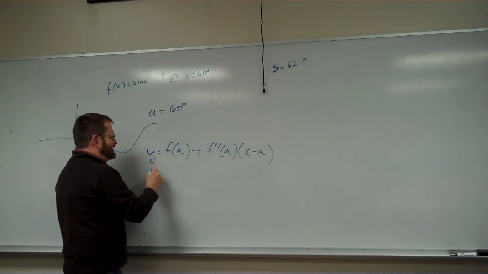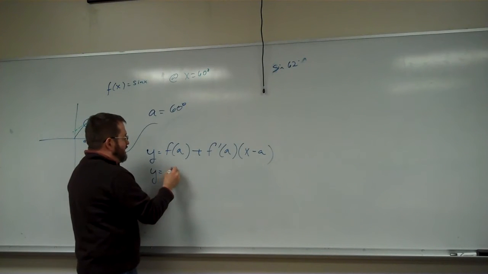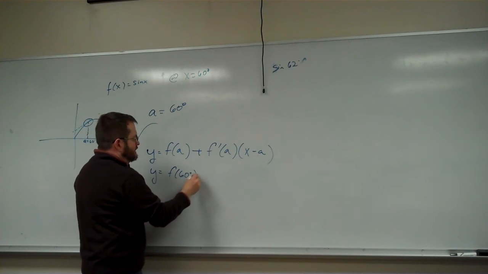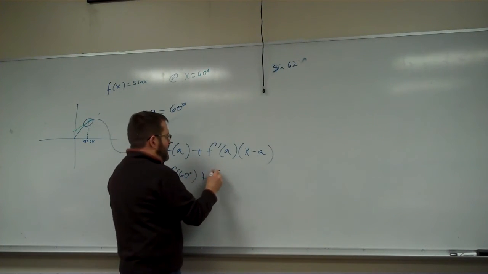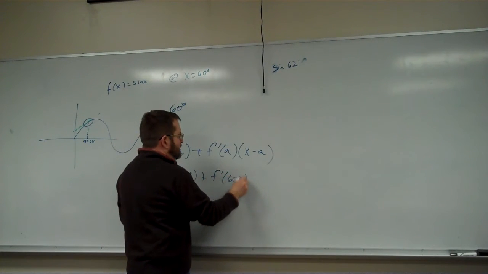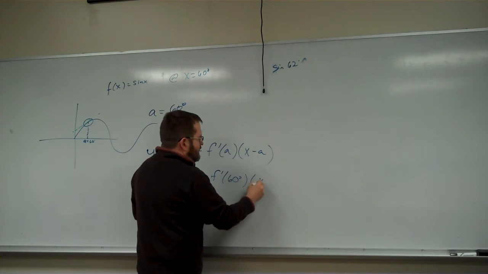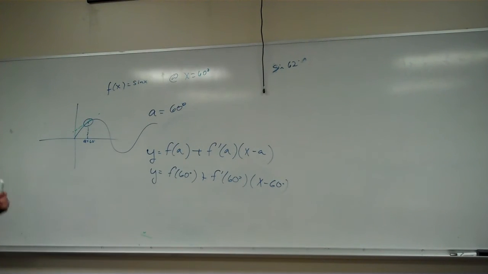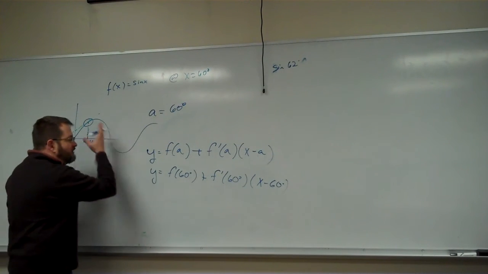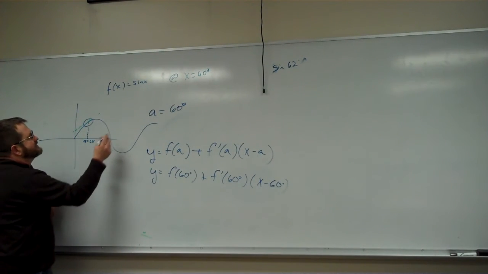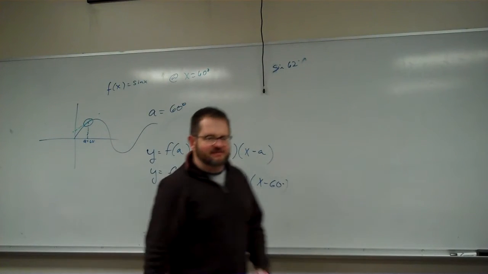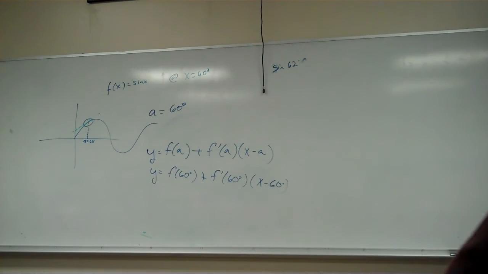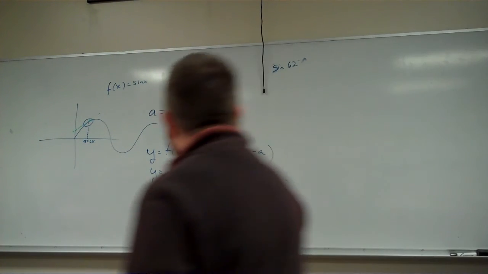So our linear approximation is going to be f of 60 degrees plus f prime of 60 degrees times x minus 60 degrees. That's a linear equation. It will make a graph of a line. Let's see, f of 60, the sine of 60. I always have to look at my unit circle because I'm scared of it. The sine of 60 is square root of 3 over 2.